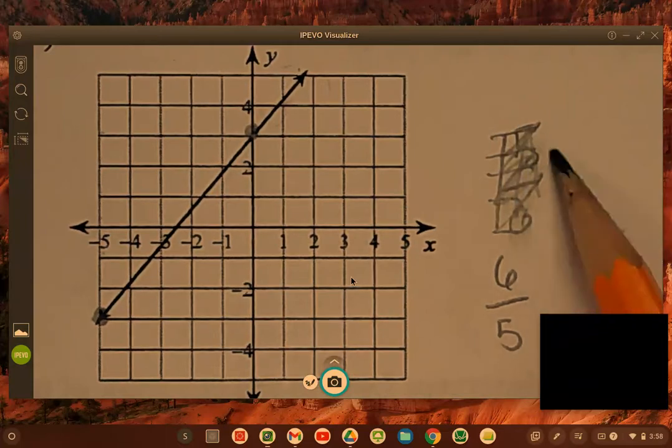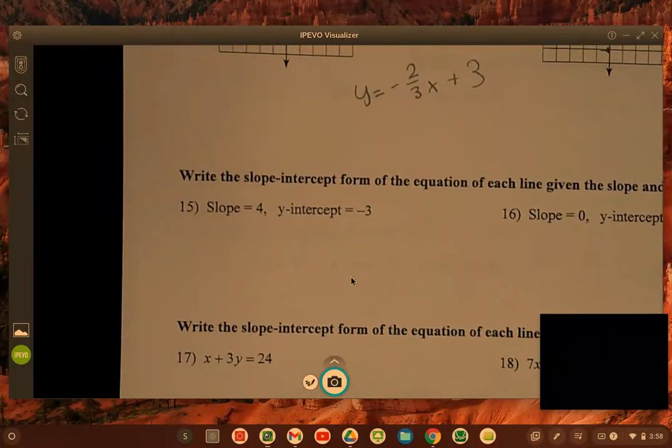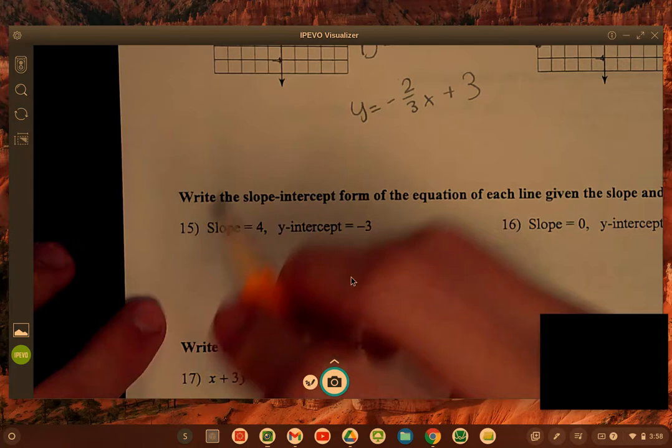Go down to 15. This is the one where, okay, so slope intercept form, what do they want it in? Slope intercept form, which is what you've been using, y equals mx plus b. So this is super easy.